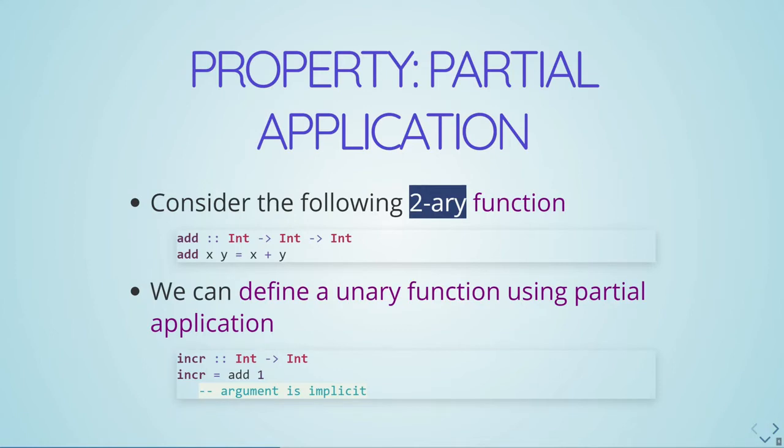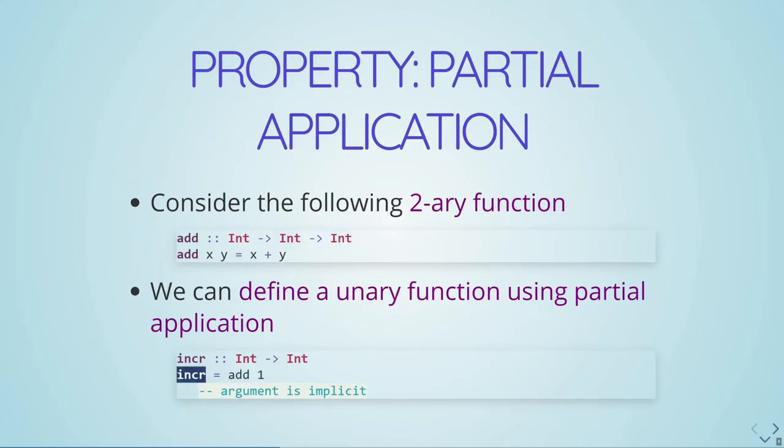This is another consequence of having first class functions and having currying, that we can just say add one. We could partially apply it, give it one of its arguments, and add one returns a function. If you give it just the one argument, it returns this function here, int to int.